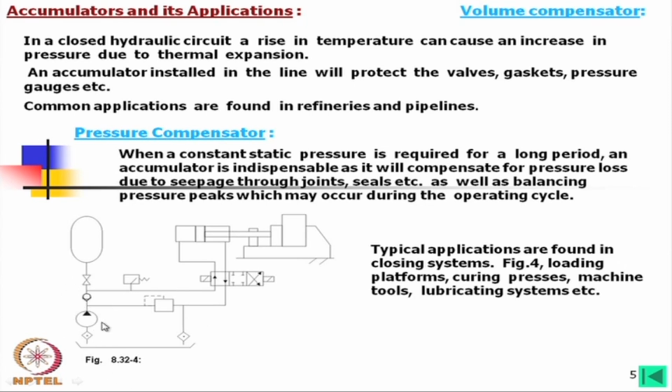This is a pump with a non-return valve, and there is a direct relief valve after the pump. Then the non-return valve, this is the accumulator, and with this there is perhaps another relief valve, and then oil is going like this, and it is being used for pressing this one.